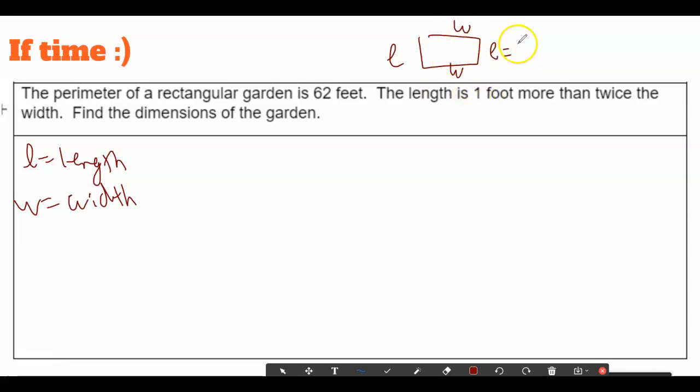The length is 1 foot more than twice the width. So 2 widths plus 2 lengths equals 62.